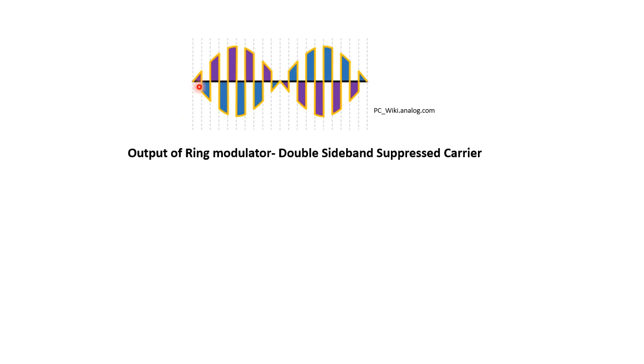So in the previous two slides, we have seen that when the positive half of the modulating signal was applied, the output of the ring modulator was like this. This is the output voltage when the positive half of the modulating signal was being applied, and when the negative half of the modulating signal was applied, the second part of the wave was obtained at the output of the ring modulator.